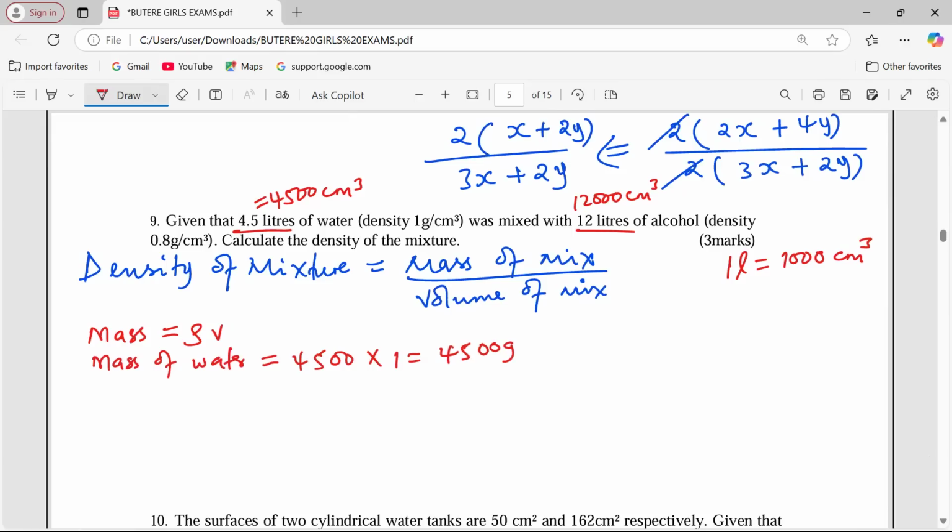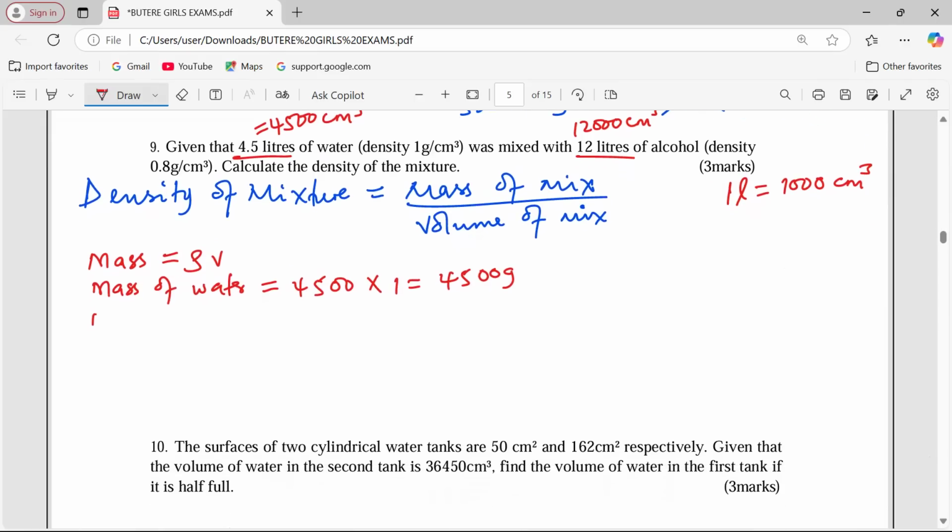Then we can also talk about a mass of the alcohol, which will be 12,000 times 0.8. What do we get here? 12,000 multiplied by 0.8 gives us 9,600 grams.